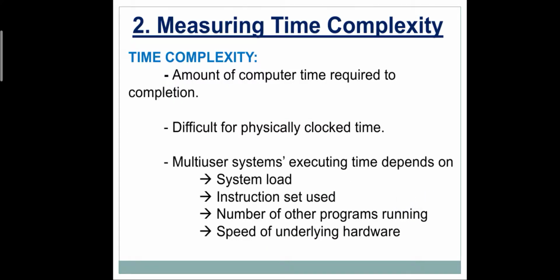Next, we are going to measure the time complexity. The amount of computer time required by an algorithm to run to completion is called time efficiency or time complexity. It is very difficult to compute in terms of physically clocked time. Normally, in multi-user systems, the time of execution always depends on some parameters such as present load of the system, instruction set used in it, number of other programs running simultaneously, and the speed of underlying hardware in the system, and so on.